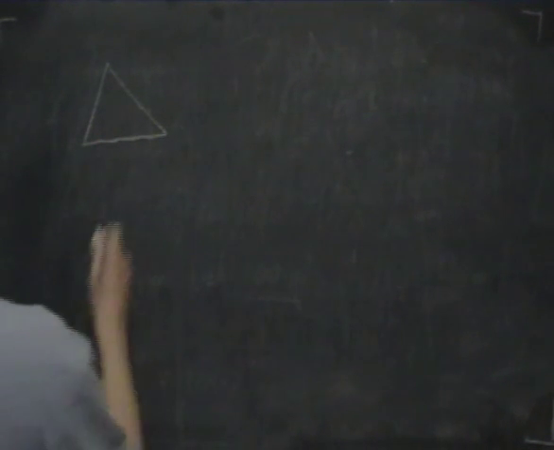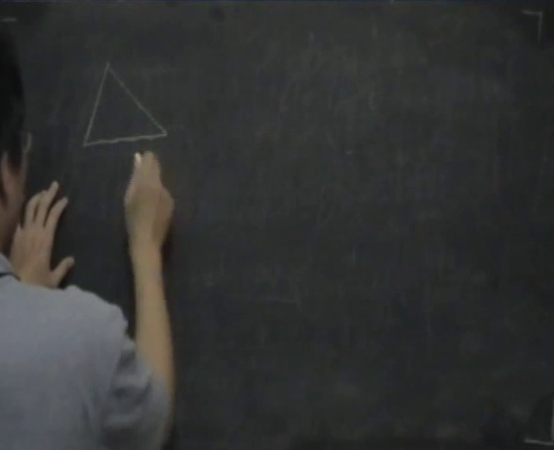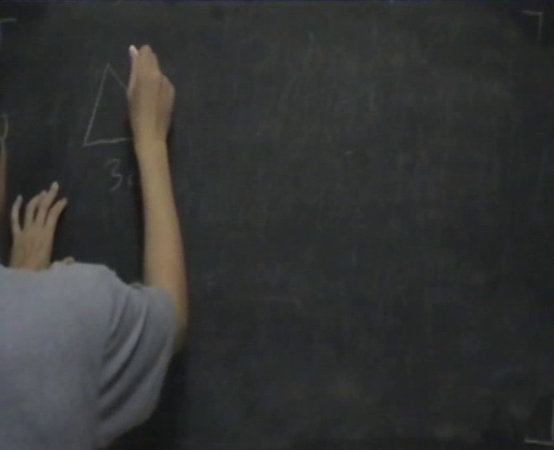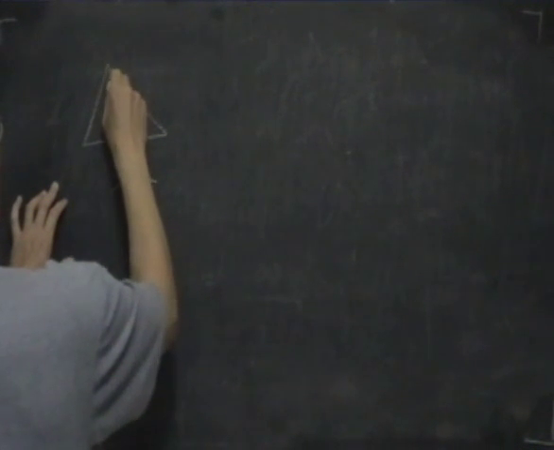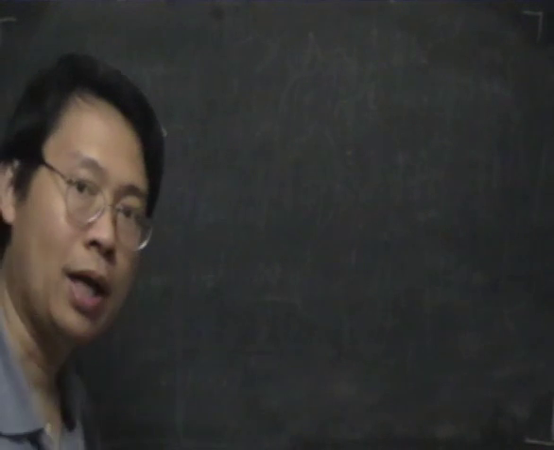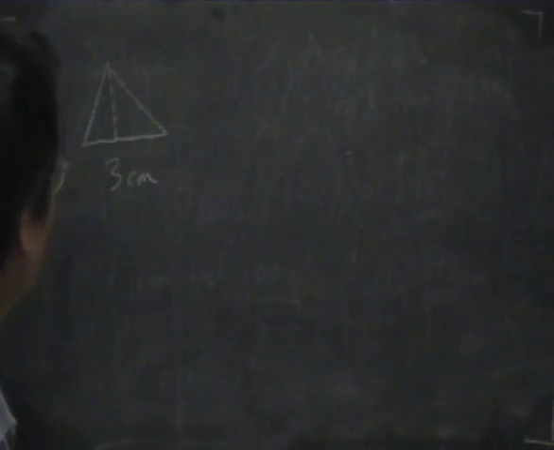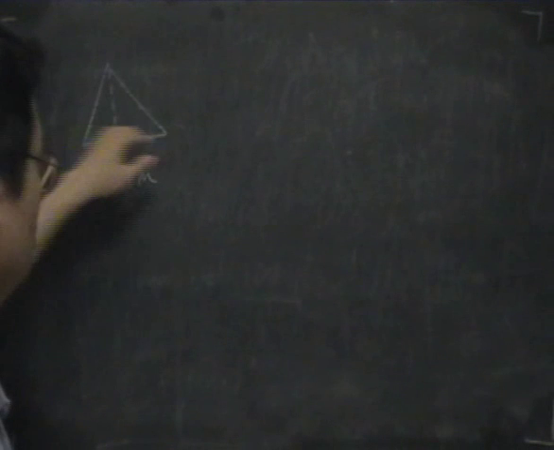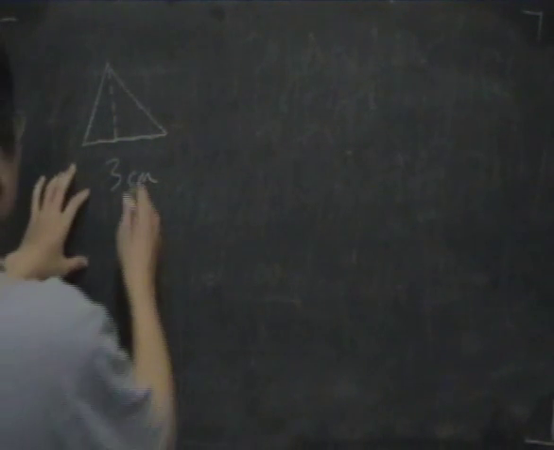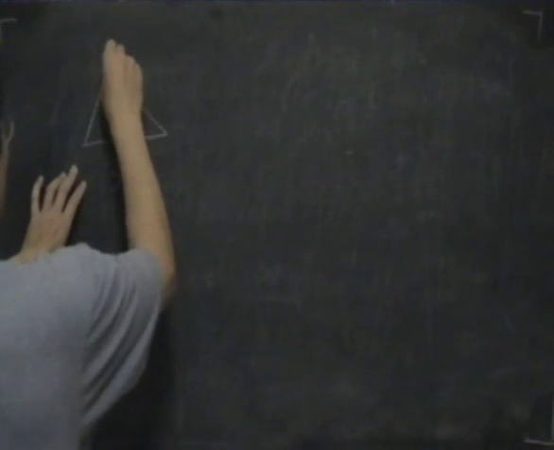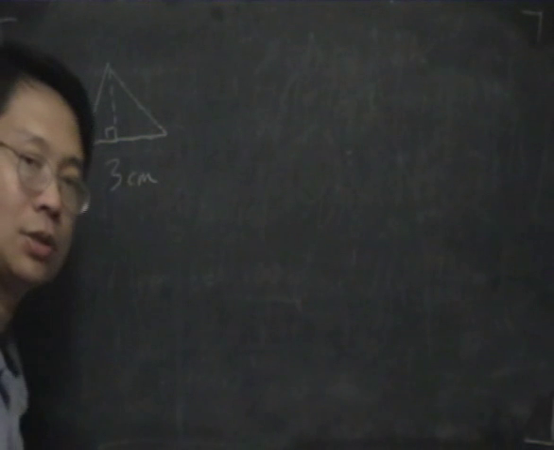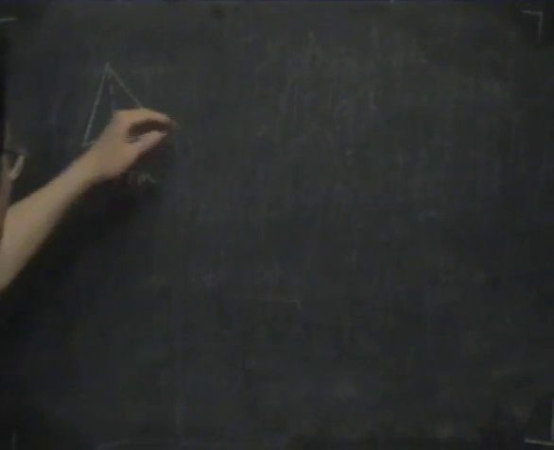Suppose that the length of the base is 3 centimeters and the height, height means the vertical height, well, if the base is horizontal, if you draw a line from the top to the bottom, a line that is at 90 degrees to the base.